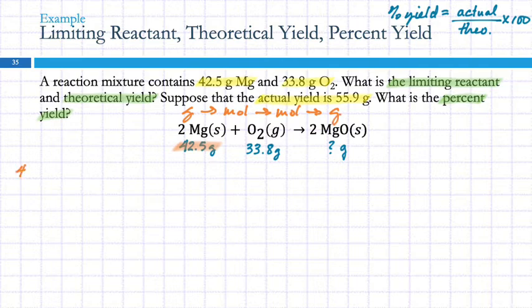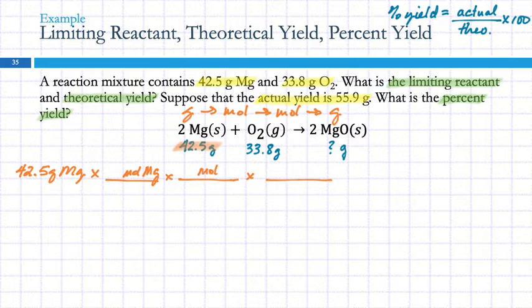So 42.5 grams of magnesium. And most stoichiometry problems are going to have 3 conversion factors. Grams of magnesium to moles of magnesium to moles of product. Here there's only one product, MgO, to grams of product, MgO.